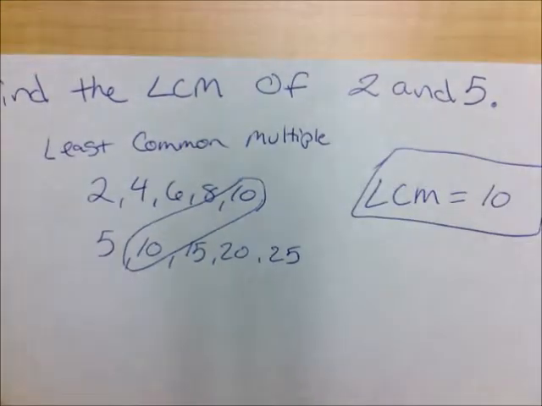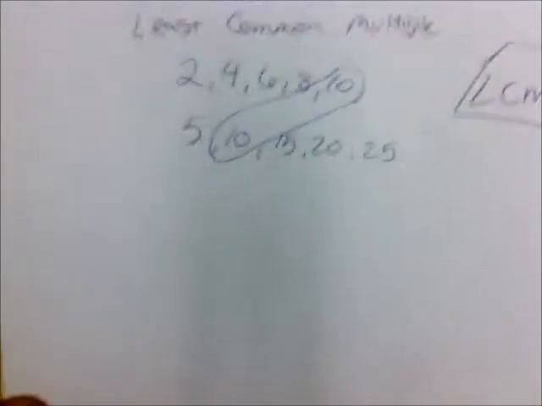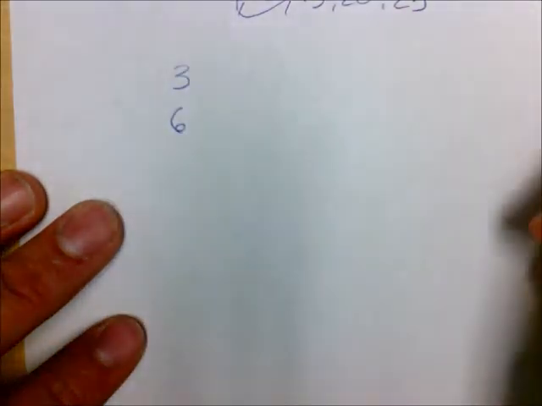Now, something that students tend to do a lot is they find a common multiple, but it's not the least common multiple. They also make this mistake with the greatest common factor. So, for example, let's go ahead and do 3 and 6. Okay?